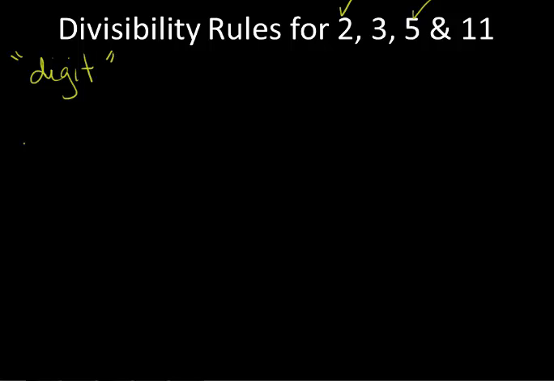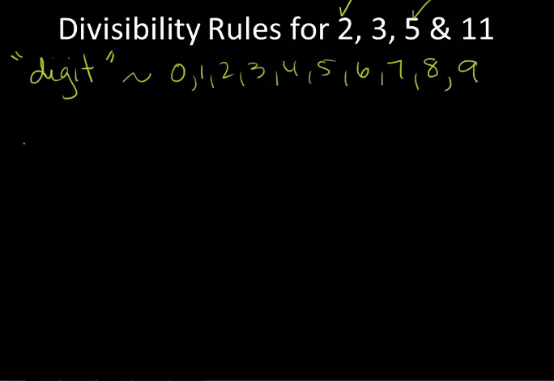Digit. The digits are just the characters that we use to write numbers with. 0, 1, 2, 3, 4, 5, 6, 7, and the last two. Those are digits. They're like characters. They're like saying A, B, C, D. Those are letters with which we write our language. Those are the characters with which we write our numbers.